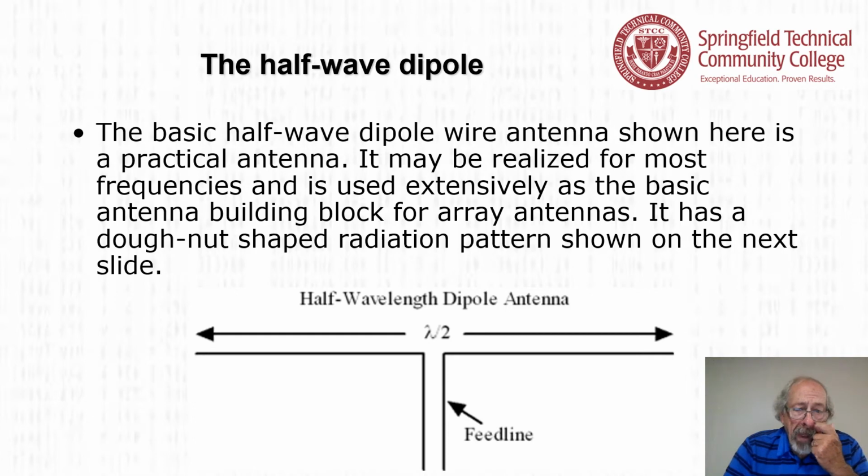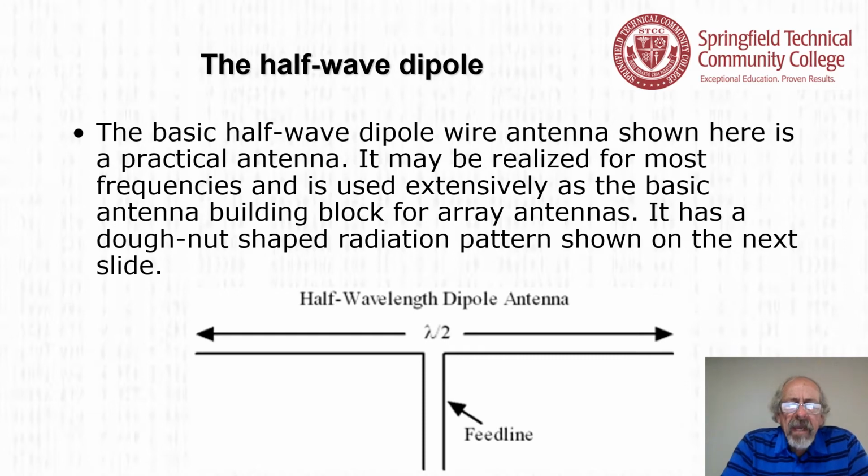So here's a picture of a half-wave dipole, and notice that its length is 1/2 wavelength, and you might think that that would just be using the wavelength equation. You actually have to take into account the diameter or size of the elements that make up the half-wave dipole. If the wire tends to be infinitely thin, you can use the regular wavelength equation.